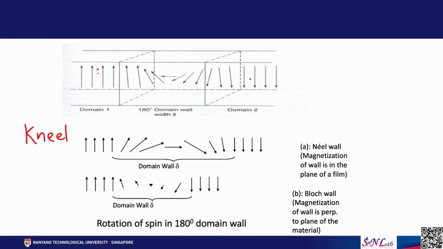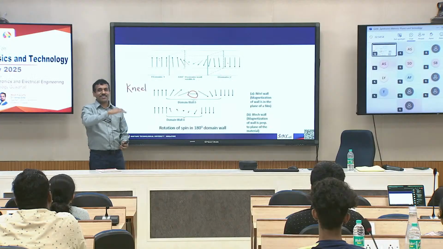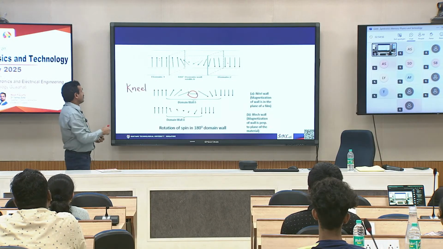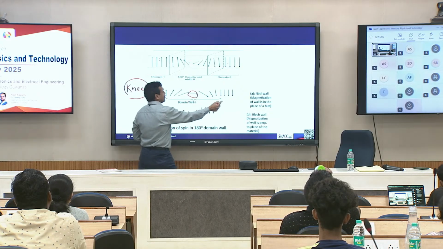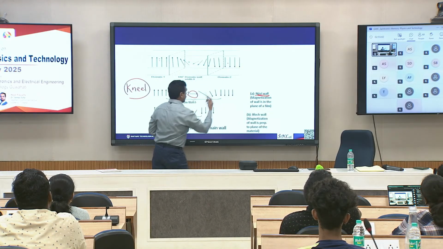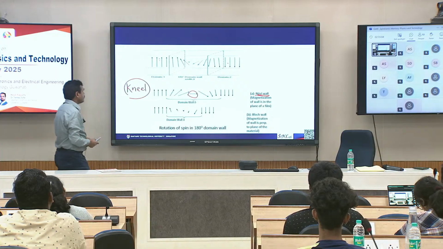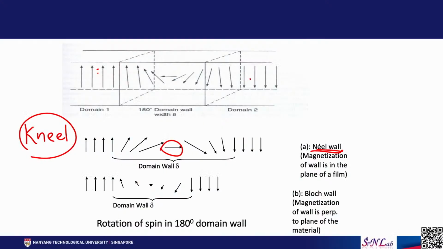When you kneel down, what do you do? You are bending something like this, right. If you look at this pen, you can see that it is kneeling down. So, remember this mnemonic to remember how the Néel wall looks. These are the two types of domain wall in perpendicular systems.